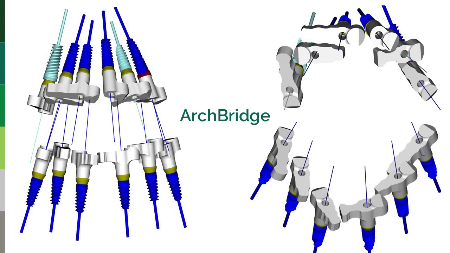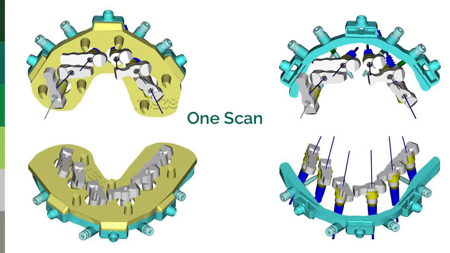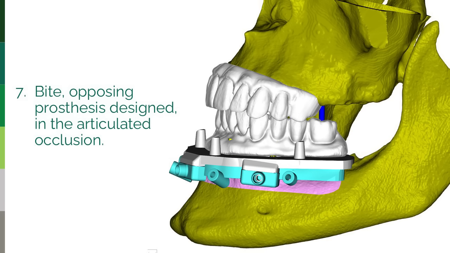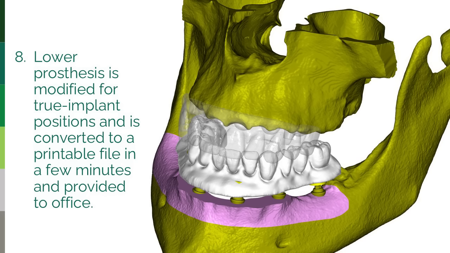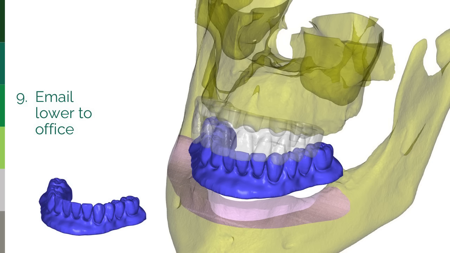That's a patent pending full arch scan body. And once we have your scans, we just take one scan and introduce it back and design your prosthesis. And then we bring it in, we marry it all together, introduce it back into our stack, design a prosthesis, and send it off to you.